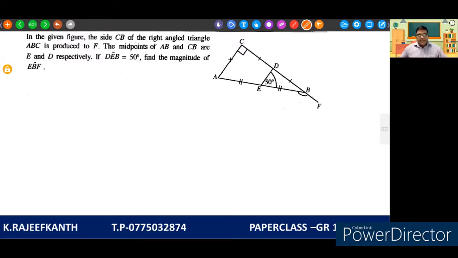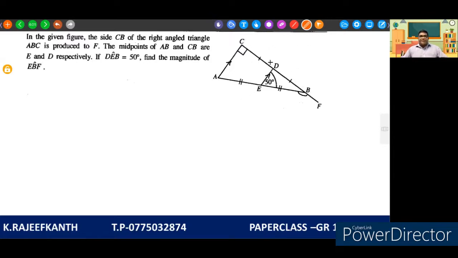Right. Here in the triangle ABC, D and E are the midpoints of CB and AB. So if we join these 2 midpoints, that line will be parallel to the third side. So that is the midpoint theorem, isn't it?